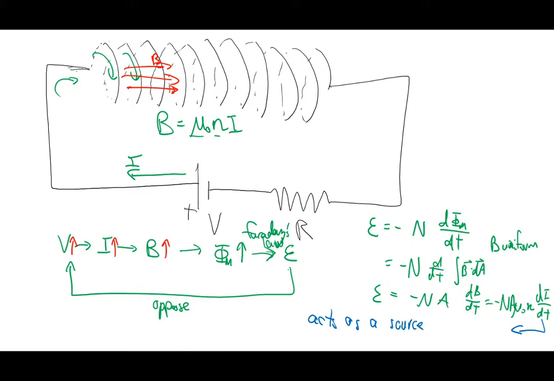It acts as a voltage source, right? The bigger di/dt is, the faster the current is changing, the bigger this source is going to act.